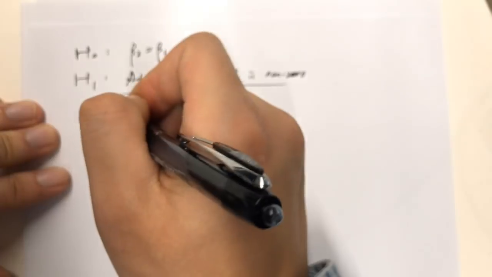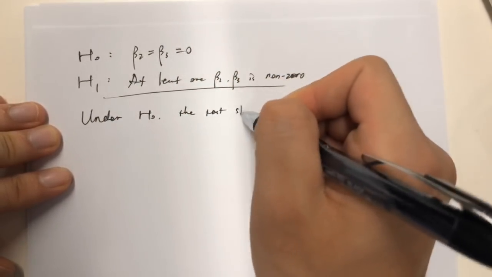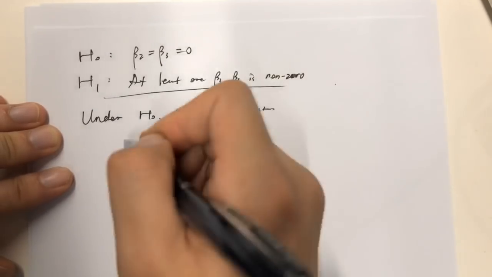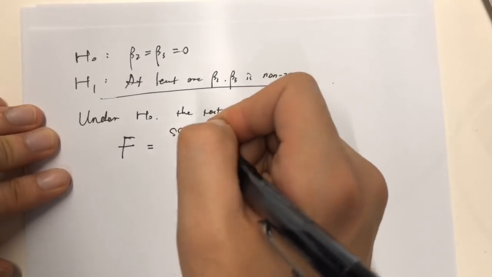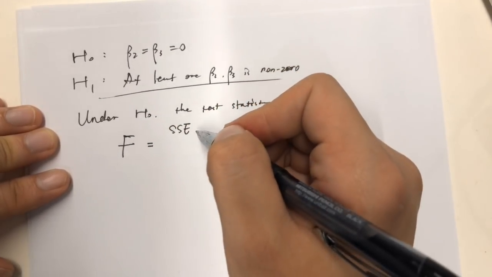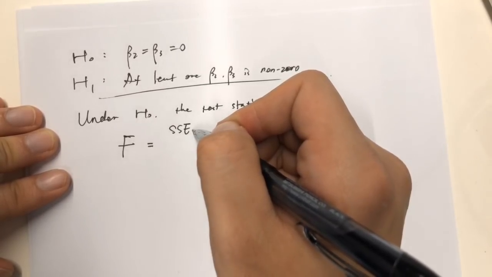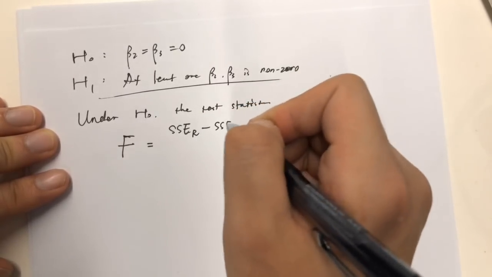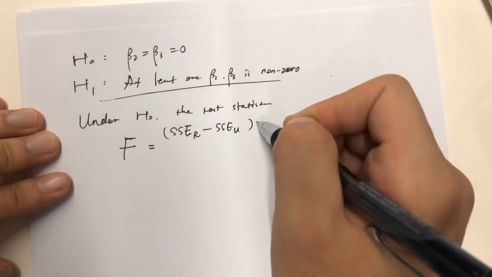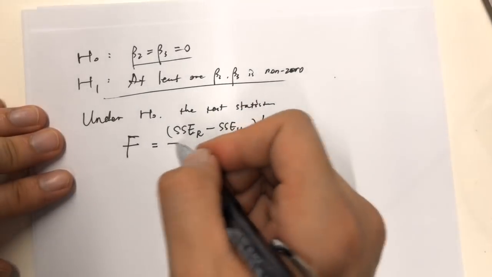So under the null hypothesis, the test statistic is our F statistic, which is given by SSE restricted or unrestricted, it should be whichever has the larger error. The larger error should be the restricted model, right? So (SSER minus SSEU) divided by Q. Q should equal 2 because we removed 2 independent variables.